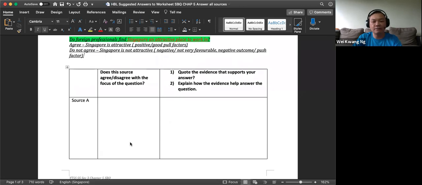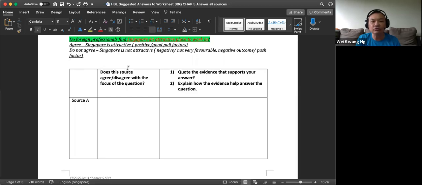Do not try to write all the agree answers first, then the disagree answers. Because in the examination, this is the last question, and there are situations when you may not be able to finish both sides of the viewpoint. So it's actually safer to write down source by source.